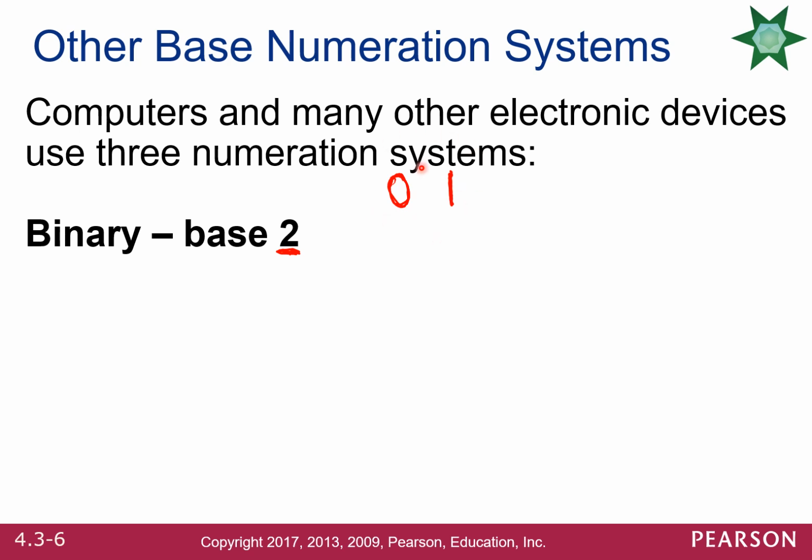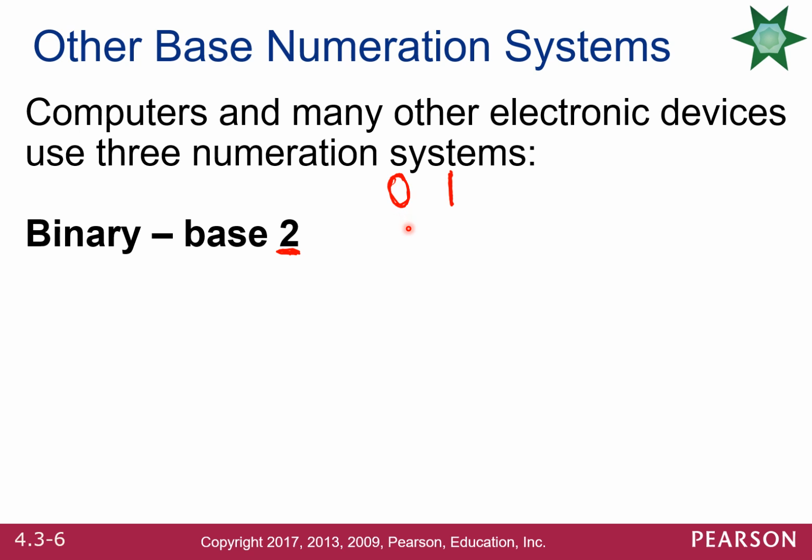And using these two numerals, 0 and 1, we will create patterns that will not only represent the numbers, but even the letters of the alphabets, the words, and so on, and even images in sophisticated computer systems. Images are represented in the binary.